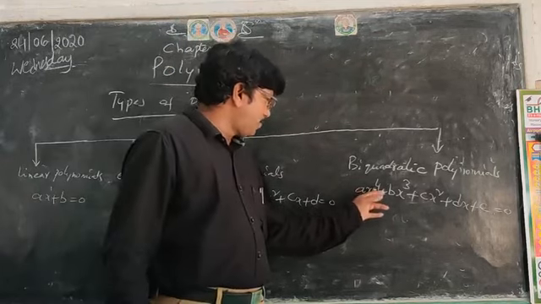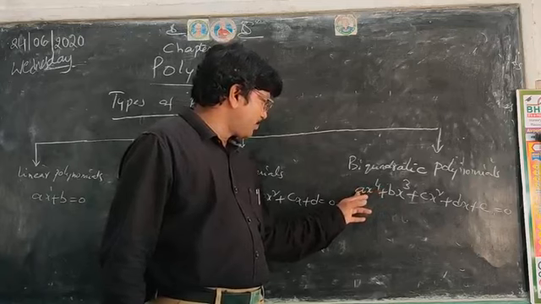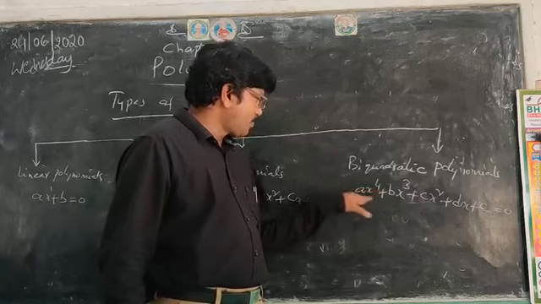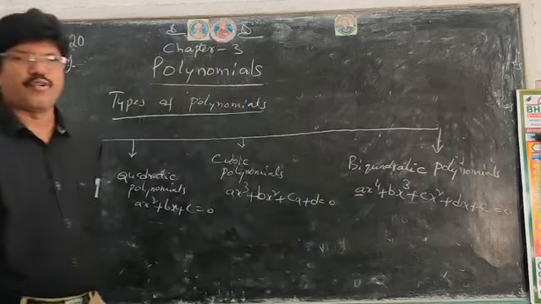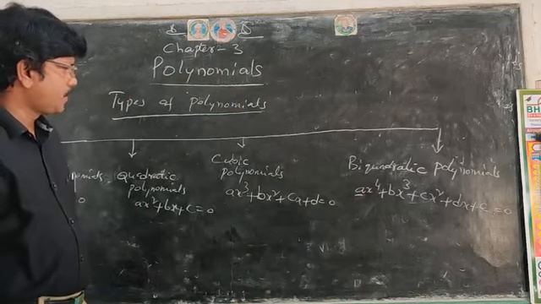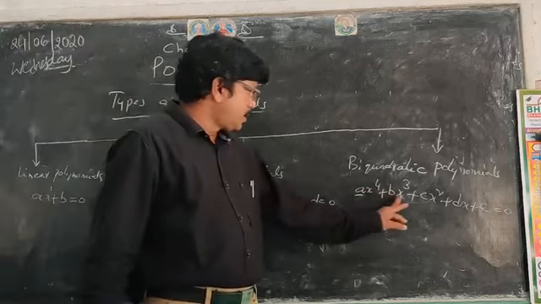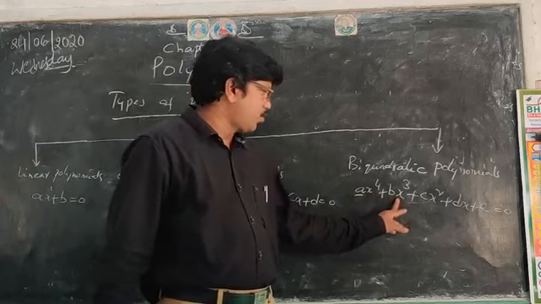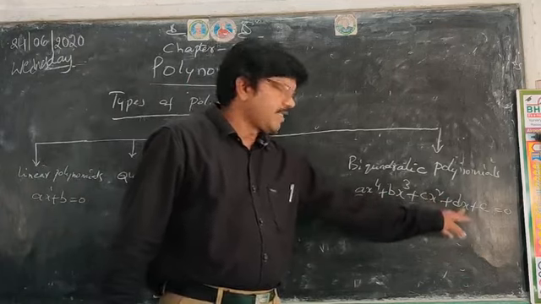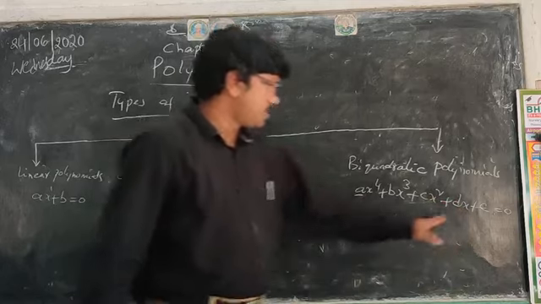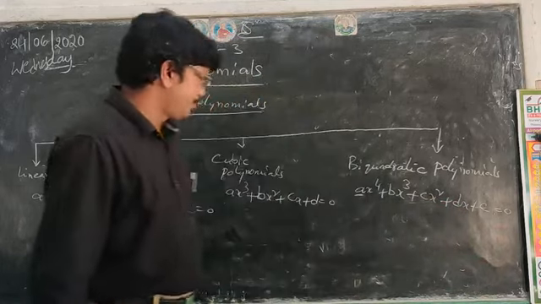What is the coefficient of x power 4? In ax power 4, a is the coefficient of x power 4. b is the coefficient of x cube. c is the coefficient of x square. d is the coefficient of x. This is the constant term.